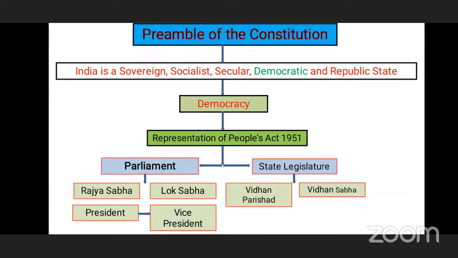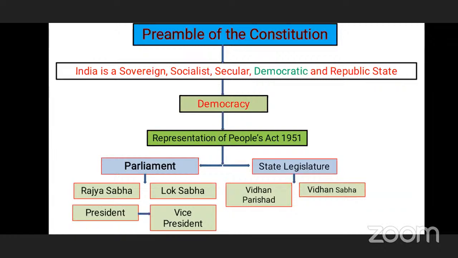Why is it the soul of the constitution of India? Look at that. India is a sovereign, socialist, secular, democratic, and republic state. It is the main element of the Indian constitution. Among these elements, particularly we have taken the democratic state. Democracy means rule of people.